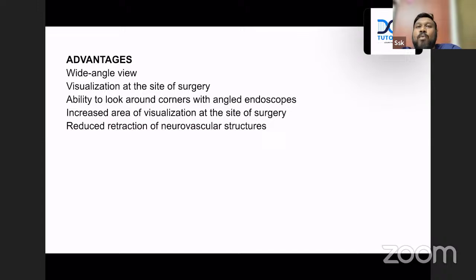One, it has a wide angle view, visualization at the site of surgery, ability to look around the corners with angled endoscopes, and increased area of visualization at the site of surgery. And it also reduces retraction of neurovascular structures.